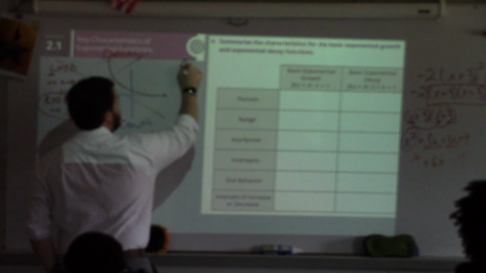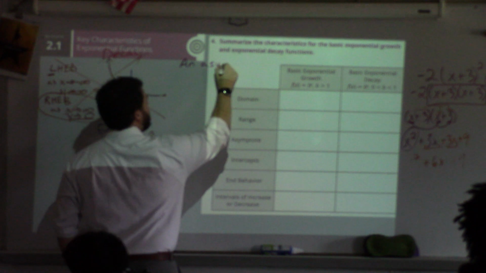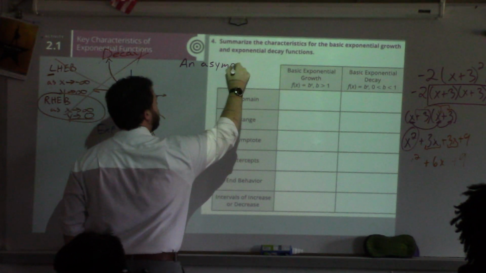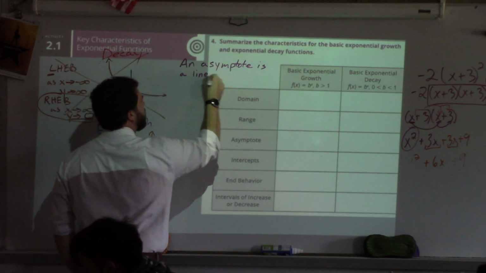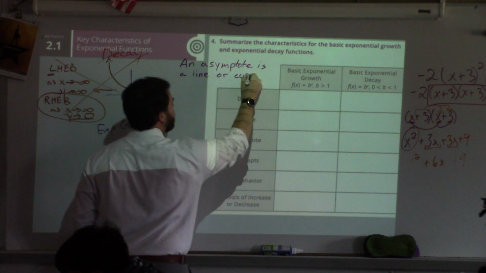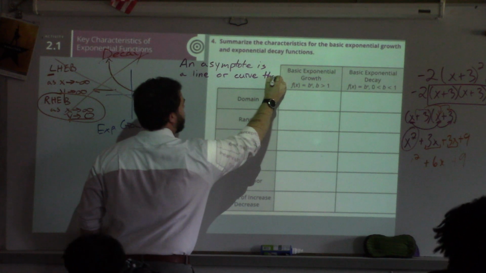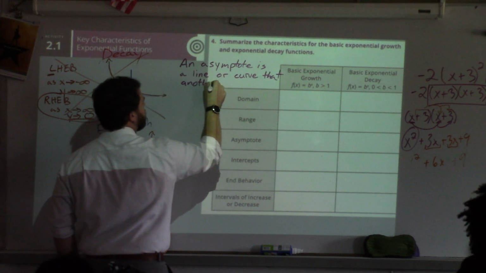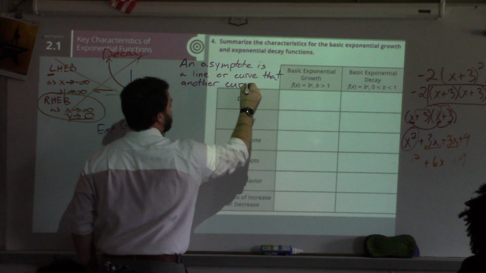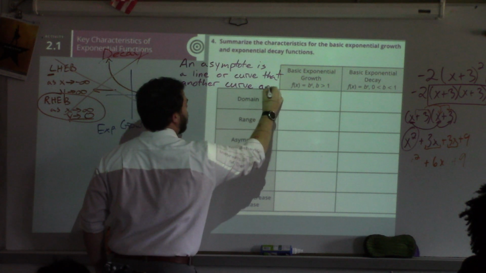An asymptote is a line or curve that another curve approaches towards infinity.